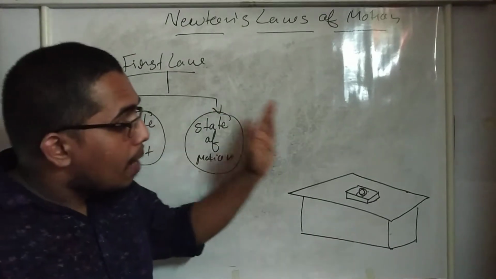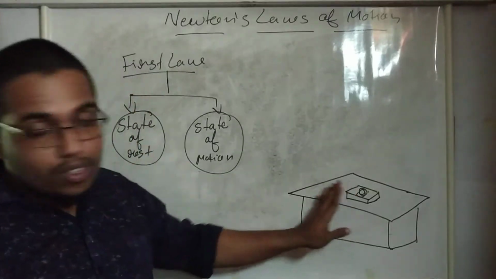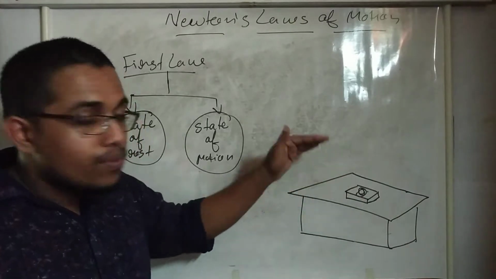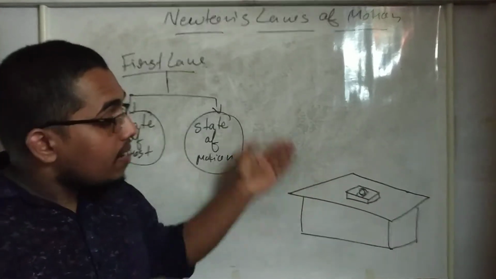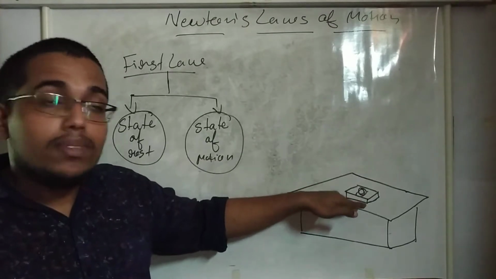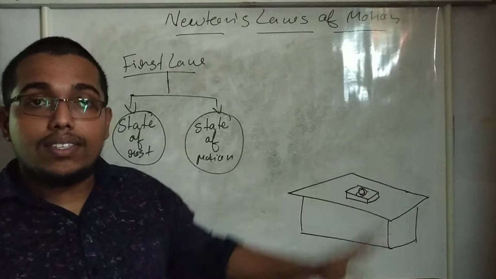So I apply a certain amount of force, for example pushing force, pulling force, lifting force, anything. Whenever I apply a certain amount of force to the system, as a result of the applied unbalanced force, sometimes there will be a change in the state of motion or state of rest.